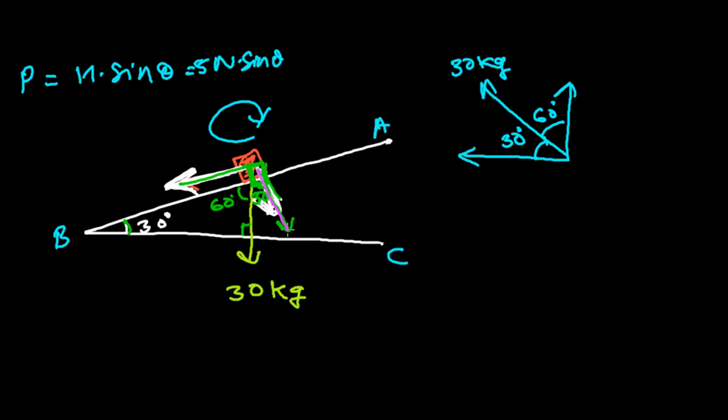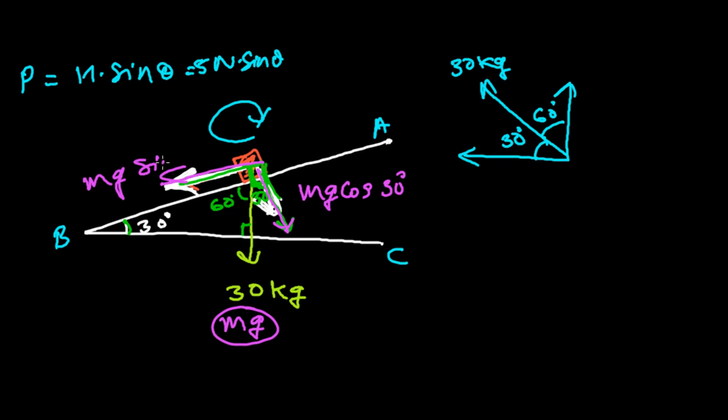Let's say this is 30 kg, which is mg. So this will be mg cosine of 30 degree, and this will be mg sine of 30 degree.